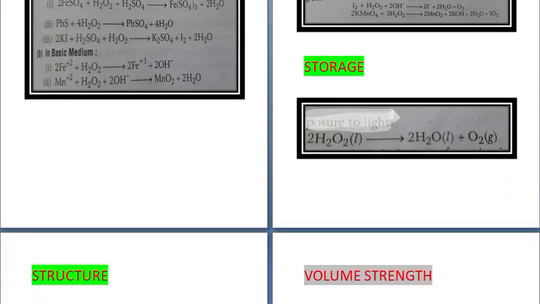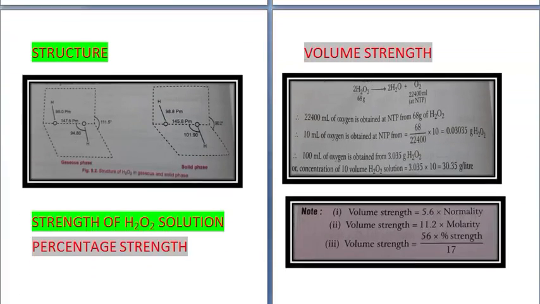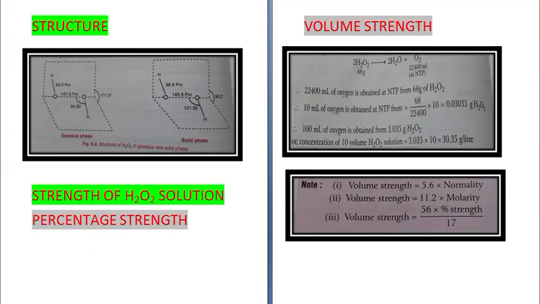Now next is the structure of hydrogen peroxide. See, it is a non-planar molecule because two OH bonds are in different planes. See here, one is in this plane, the other one is in the other plane.